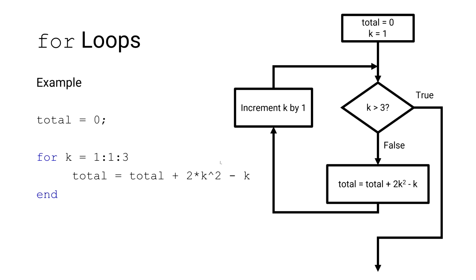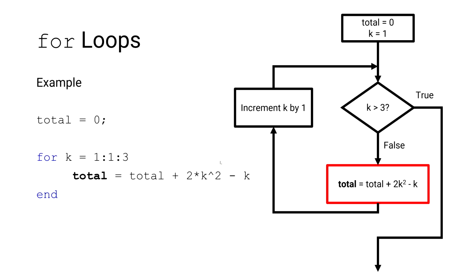The flowchart allows us to visually observe each loop pass. So first we initialize our total, which has an initial value of 0, and our loop variable k has an initial or starting value of 1. Next, we evaluate our logical expression. In this case, our loop variable has a value of 1, which is not greater than 3, which is our terminal value, so that statement is false, and we evaluate our total.